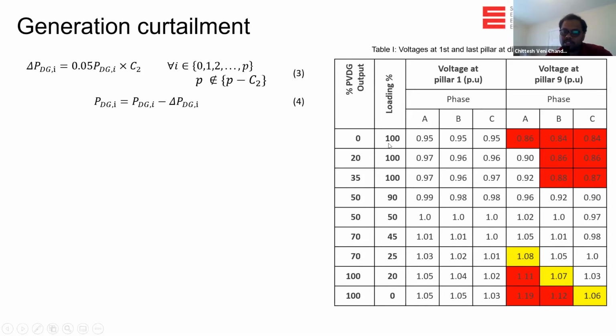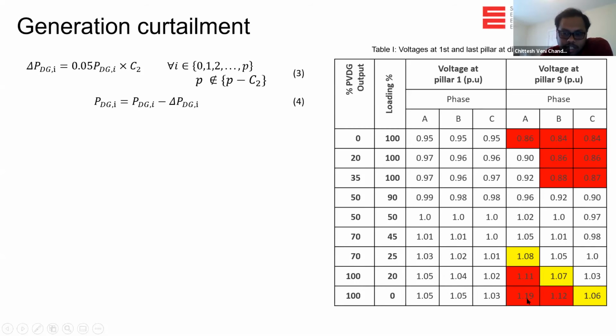With 100% loading, a very heavily loaded system, we have different levels of under voltage depending on the total loading in each phase. Phase A has a 0.86 per unit voltage level, and phase B has 0.84, and phase C also has 0.84. Similarly, we had different levels of solar PV DG penetration, and we can find that there are different scenarios where you would have an over voltage situation.